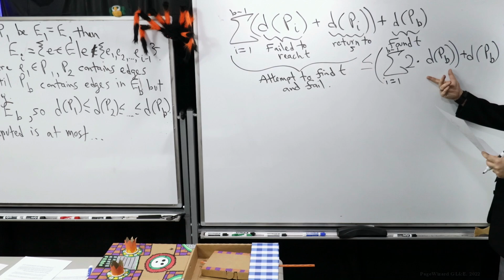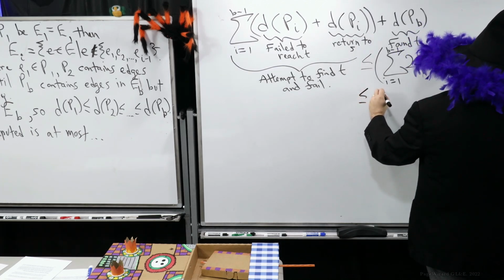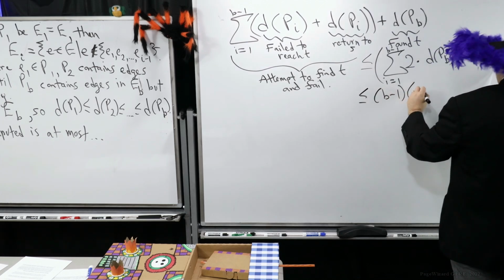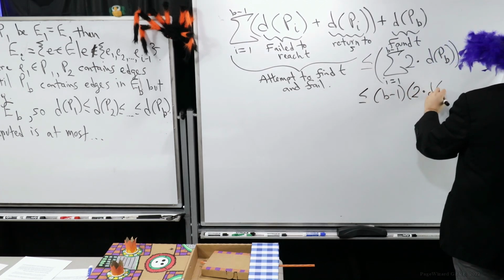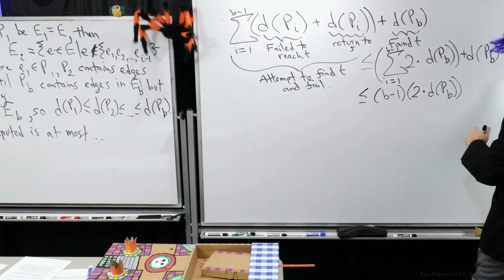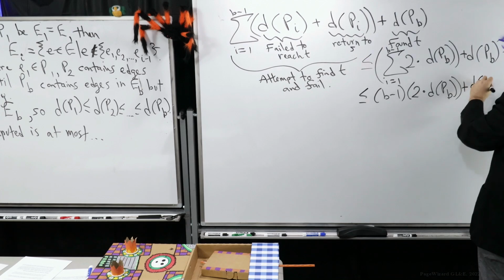But how many of these are there? There's b minus 1 many of these. So you end up with b minus 1 times 2 times dpb plus dpb.